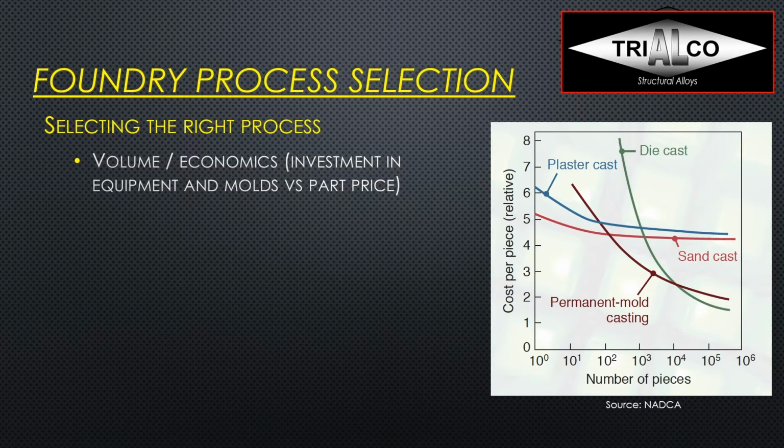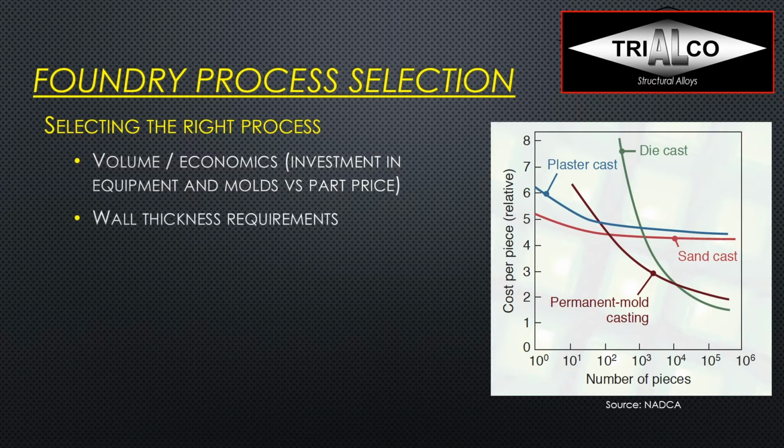If you have a very large volume and certain requirements like good surface finish, tight tolerances, things like that, well, then die casting might be the right option. Just be prepared to have pretty high investments in dies, for example. If your volume is low and maybe your surface finish requirements aren't that strict, then maybe sand casting is the right choice, because part price might be higher, but you don't have much of an investment in dies or molds.